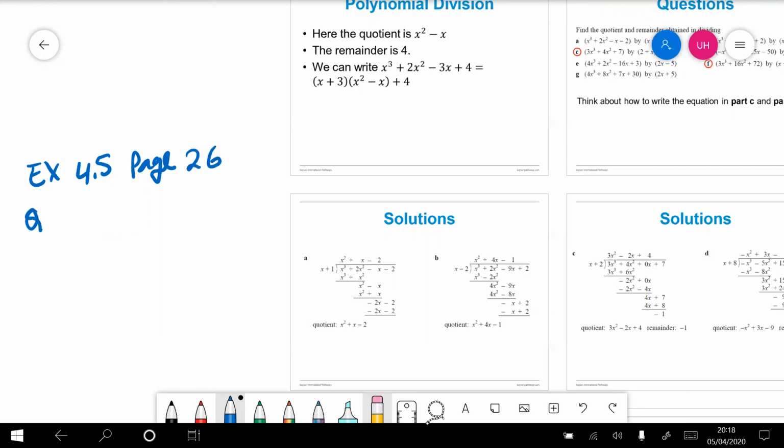You can do question 1, A, B, C, D. And also there is the review exercise, page 28. There are more other questions. If you want to practice these, page 28.